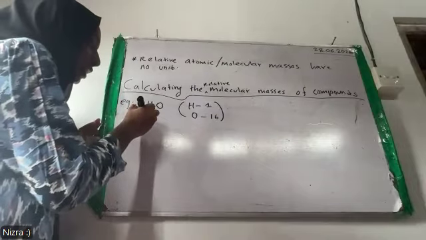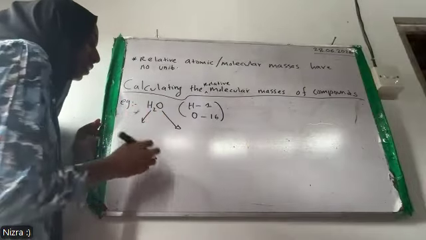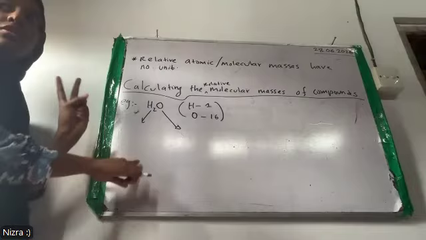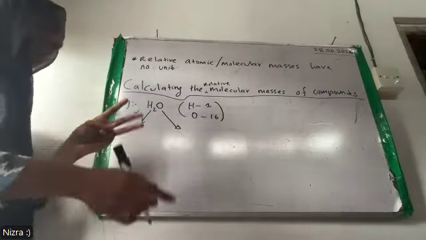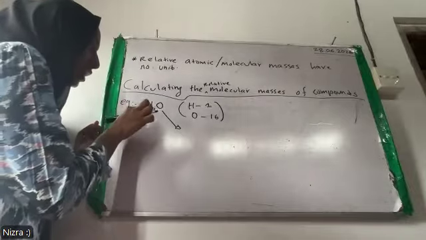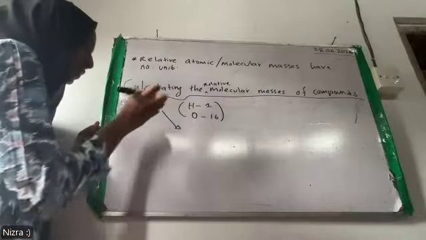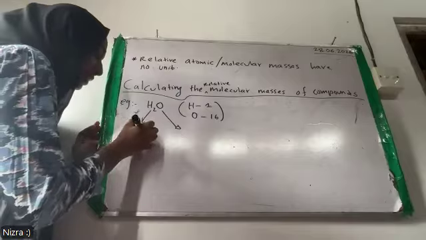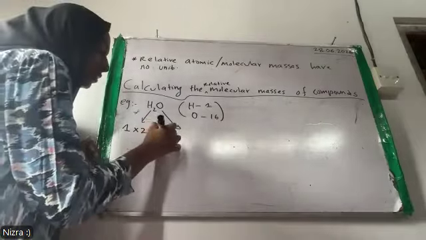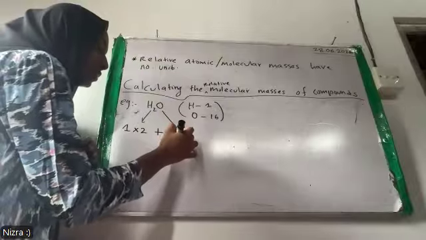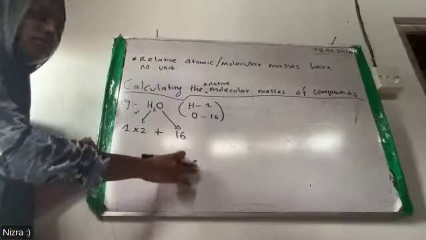So you have to take now each element. Okay, now how many hydrogens do you have in this? Two. Water molecule has two hydrogen and one oxygen atom. So first you have to take the relative atomic mass of hydrogen, which is 1, and then multiply it by 2 because you have two hydrogen atoms. And then you have to take the relative atomic mass of oxygen. Now here you have only one oxygen, so just 16.